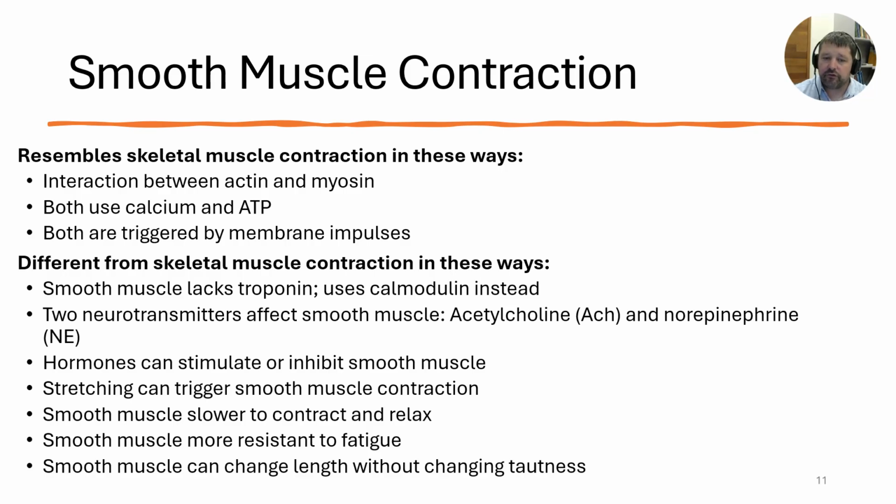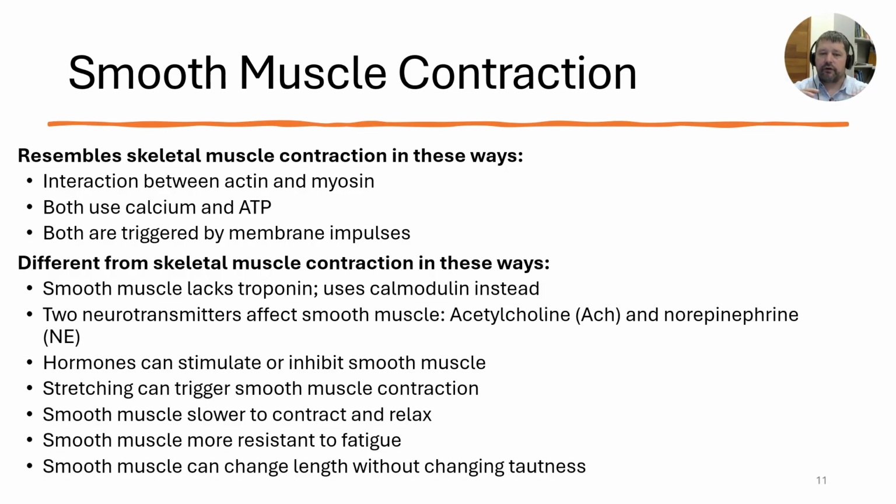They can change length without changing the tautness. This is kind of important. The length of the muscle can change, but you're not changing the actual form of the muscle, so you're not creating a bulge.